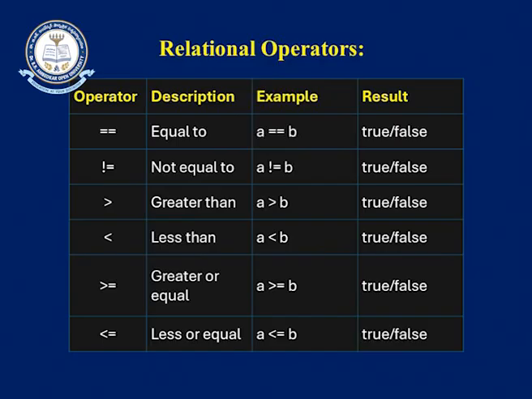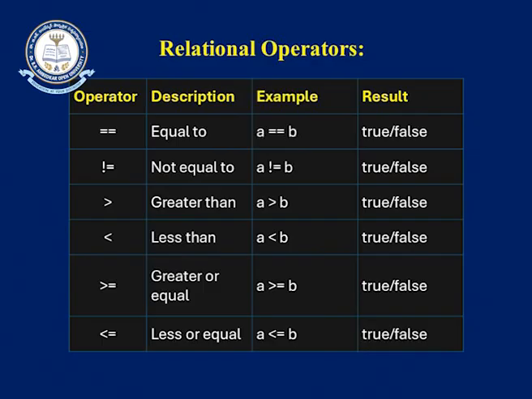The second one is the not equals to operator, which checks again whether two operands are the same or not. Based on the result, it returns either true or false. Then you have the greater than operator, less than operator, greater than or equals to operator, and less than or equals to operator.